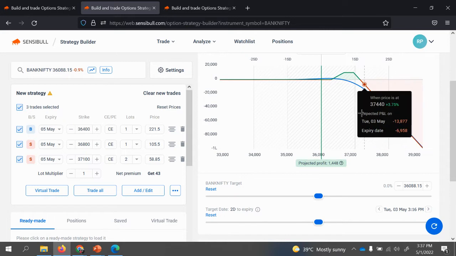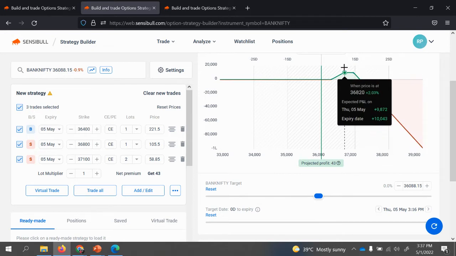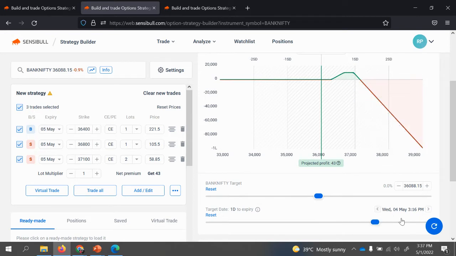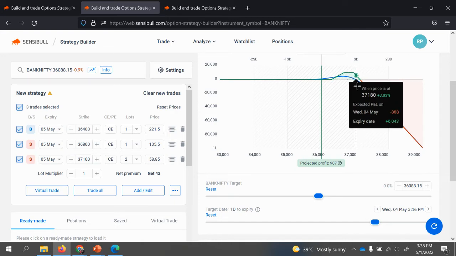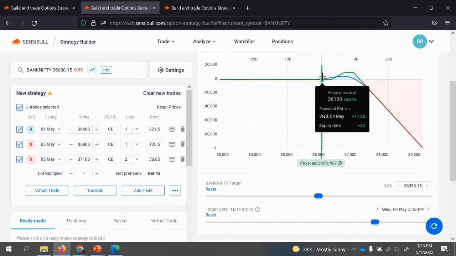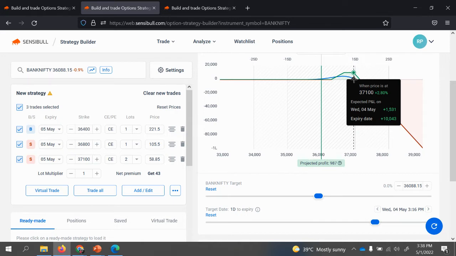If you go to Tuesday, see the blue line will keep becoming flatter and flatter. The next day, check, it's Thursday, there's some issue. See, on Wednesday your blue line has almost covered the green area. So even if the market stays here on, let's say, Wednesday morning, and there is a quick up move of even 2.8% or 3%, you will not end up in losses.